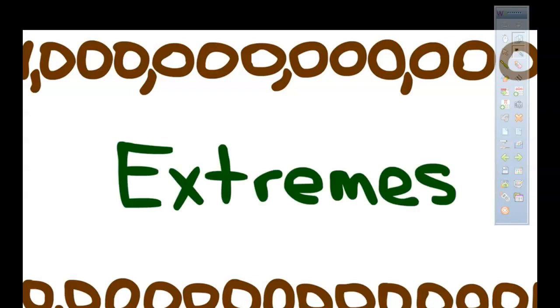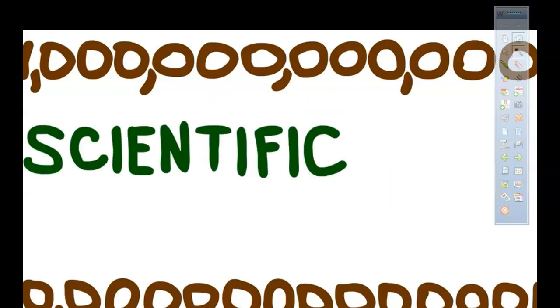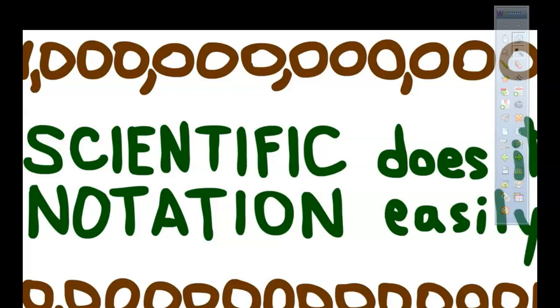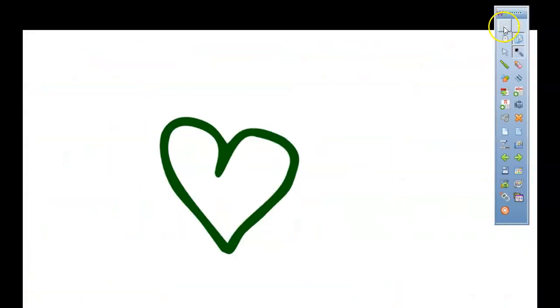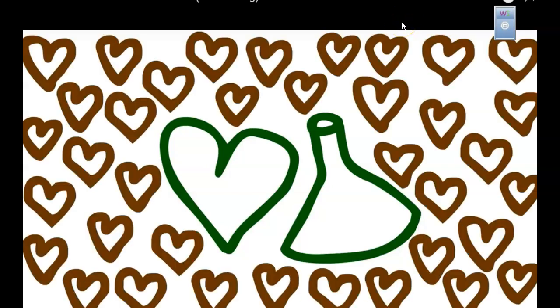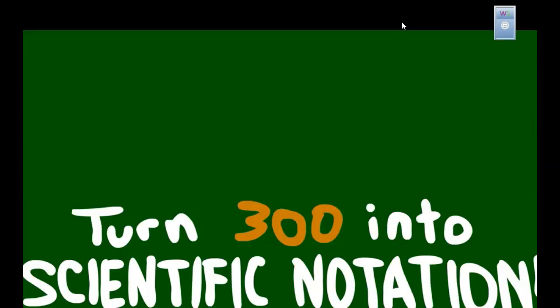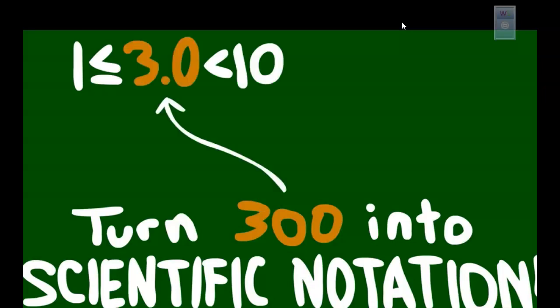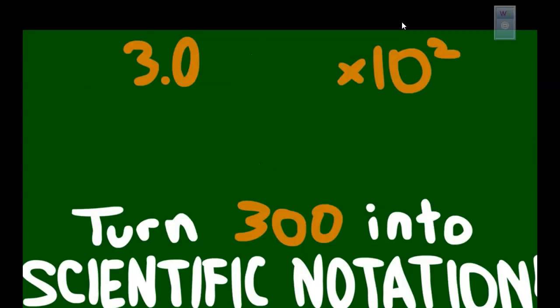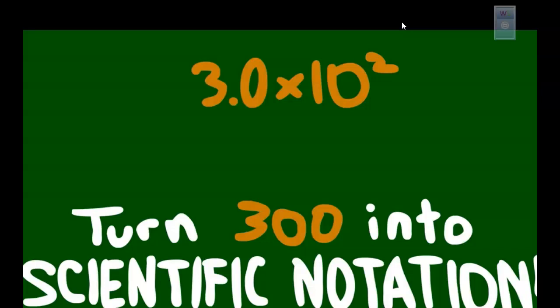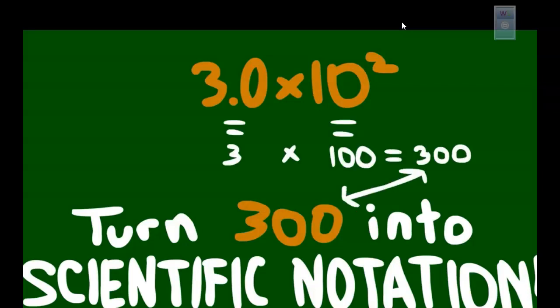To show extreme numbers, scientific notation does it easily. And now I love science more than I ever did before, can't you see? Express your number so that it's more than 1, but less than 10. Take that number and multiply it by 10 to the proper exponent. 300 in scientific notation is 3 times 10 to the power of 2. 10 to the power of 2 is 100, times 3, that's 300, so there's your proof.